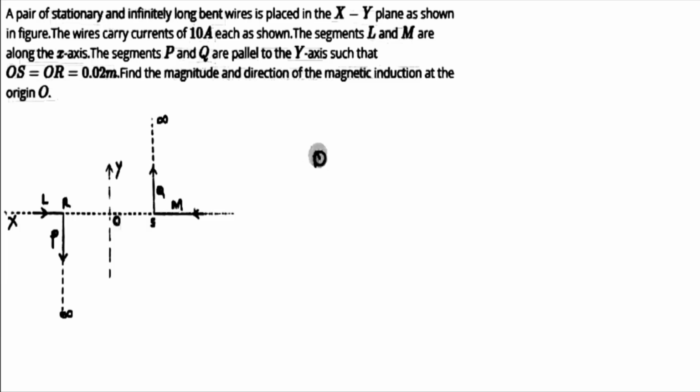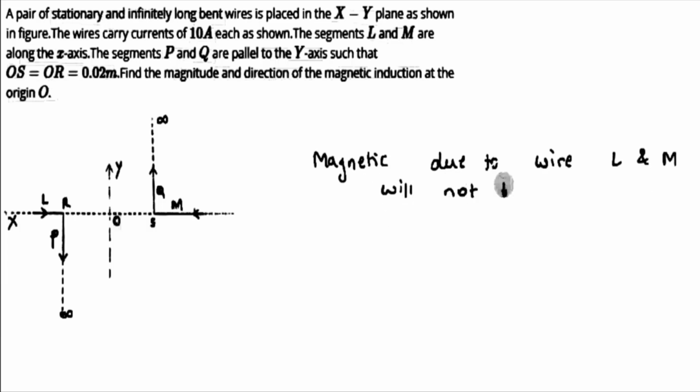So we can see the magnetic field due to wire L and M will not be taken, or we can say will not constitute to magnetic induction at O. Let's write it more properly.